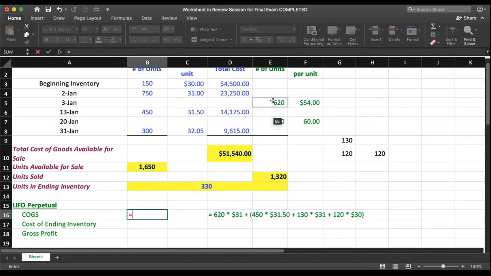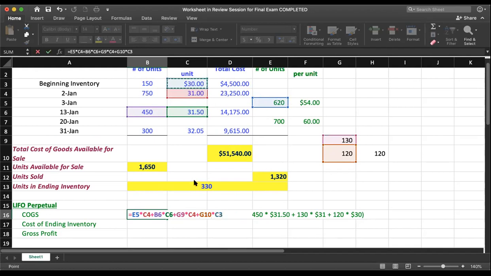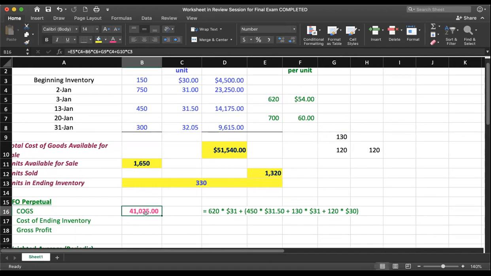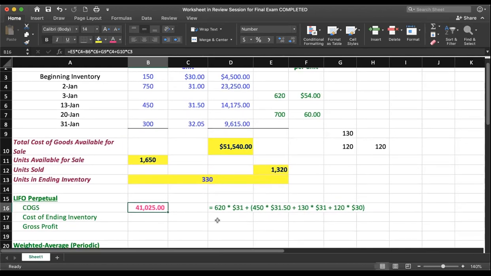It's going to be these 620 at $31 plus this 450 at $31.50 plus 130 that were also at the $31 price plus 120 that were at the beginning inventory cost. And so this gives us $41,025 of cost of goods sold.